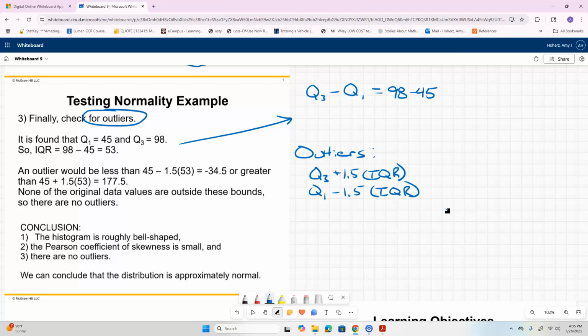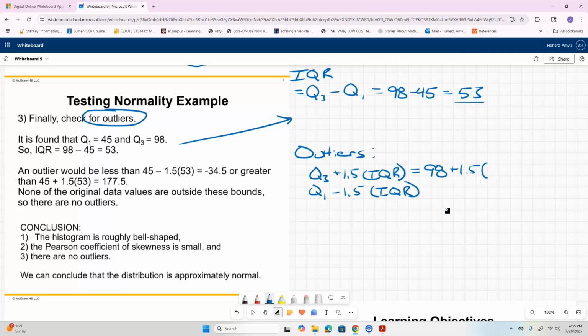And so our interquartile range is the Q3 minus the Q1, which comes out to be 53. And then we're going to do our calculations. So Q3 is 98 plus 1.5 times the IQR.